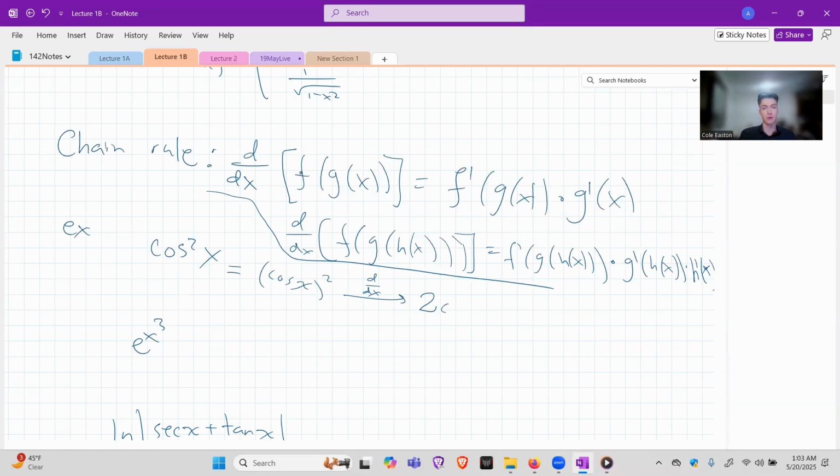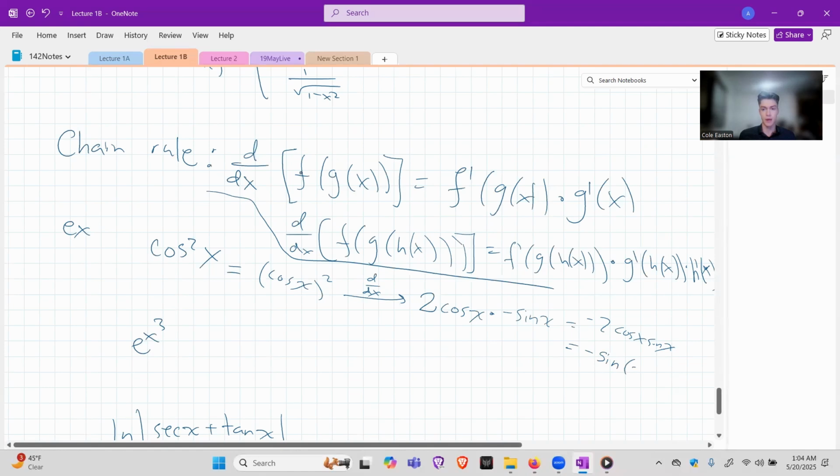So it's 2 times cosine of x. And now our g of x is cosine of x. So what's g prime? Well, that's going to be negative sine of x. So times negative sine of x. Okay. And so I could rewrite that as negative 2 cosine x sine of x. And if you know your trig identities, that's going to be negative sine of 2x.